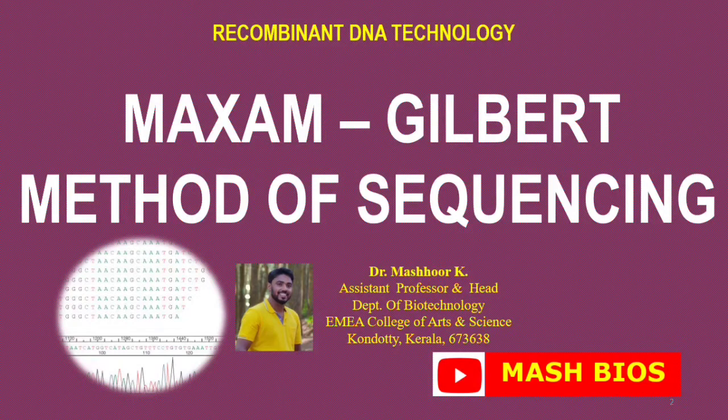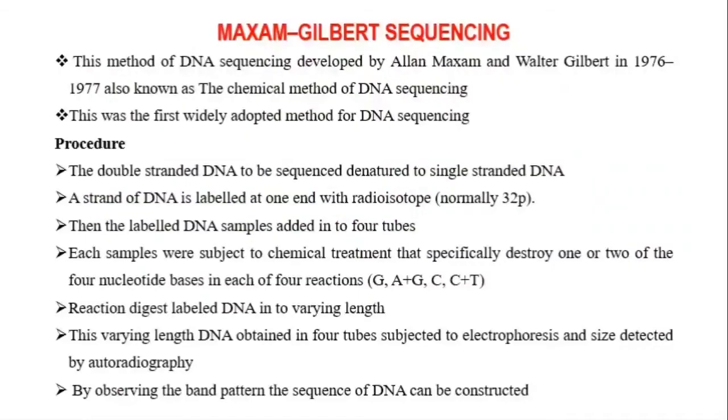First we can see the Maxam-Gilbert method of DNA sequencing. This method was developed by Alan Maxam and Walter Gilbert in 1976, and it is also known as the chemical method of DNA sequencing.